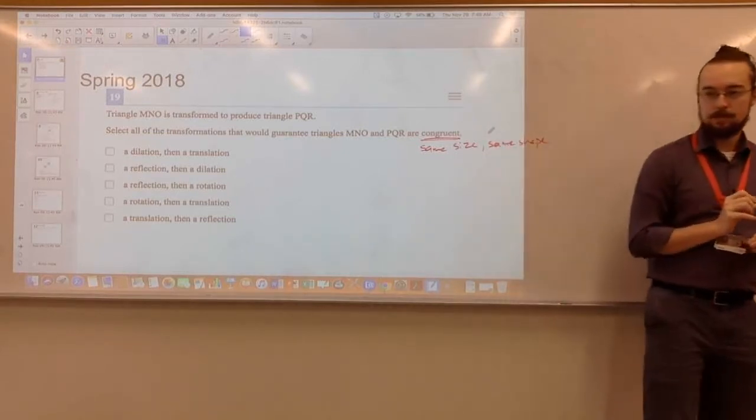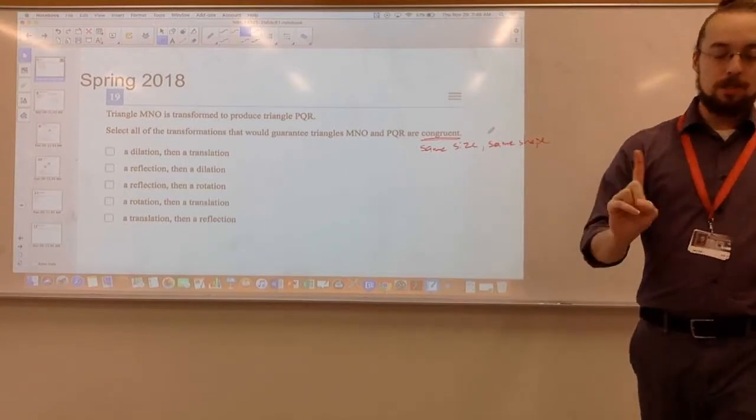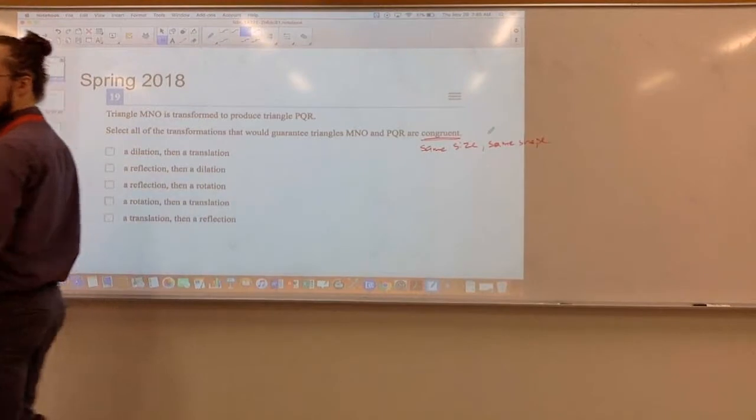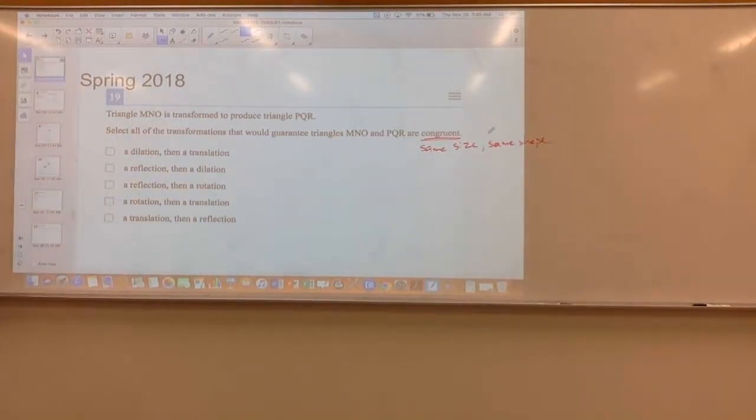It's just going to spin it. There's one type of transformation that will change the size: dilation. Any of these that include a dilation is going to change the size. That's the only key here. The rest of them won't change the size or the shape.